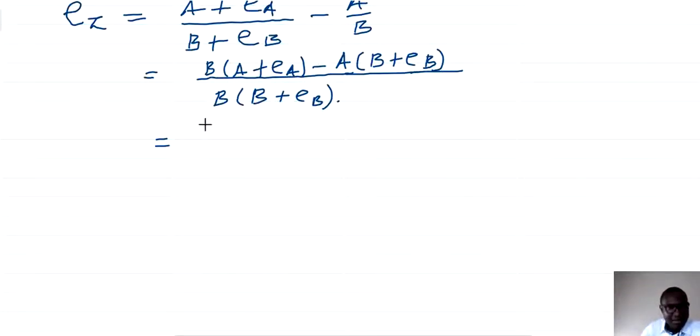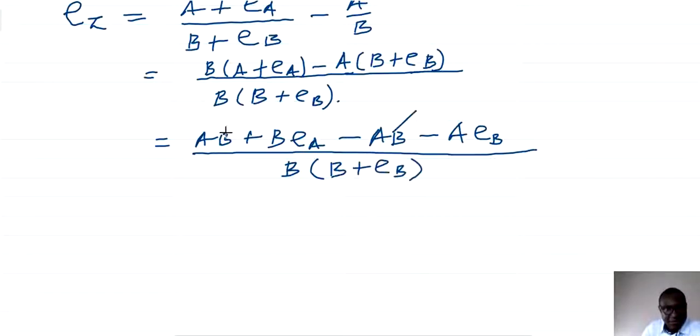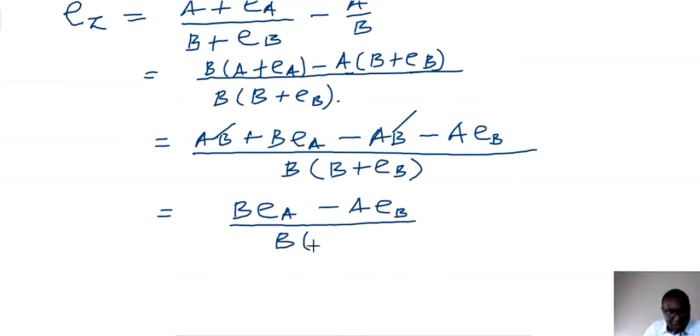So we shall have here AB plus B error A minus AB minus A error B, everything divided by B into bracket B plus error B. So AB, they cancel out there. So we remain with B error A minus capital A error B divided by B into bracket B plus error B. So this here is error Z, alright?